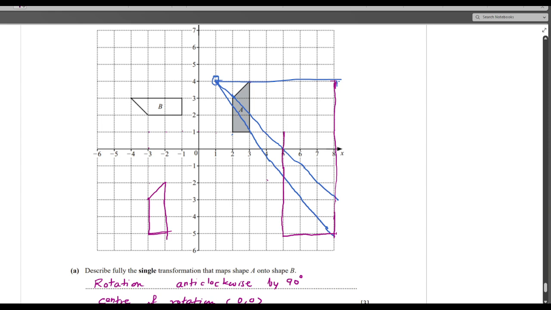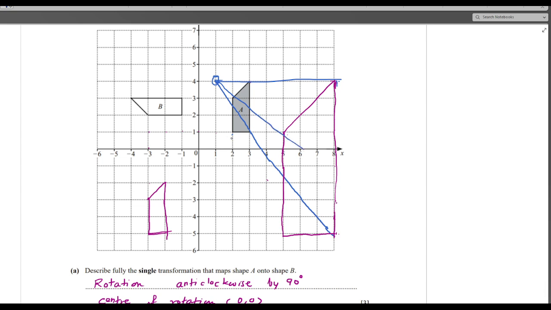So I should go till here, and then from here I should join like this. Yeah, something like this. That means this line which I am trying to draw, when I draw with proper scale, should go something like this. So when you are drawing it with the proper scale, you will get the correct diagram.